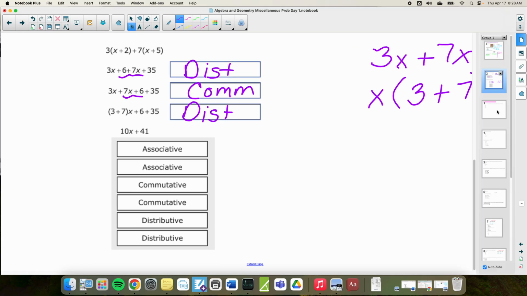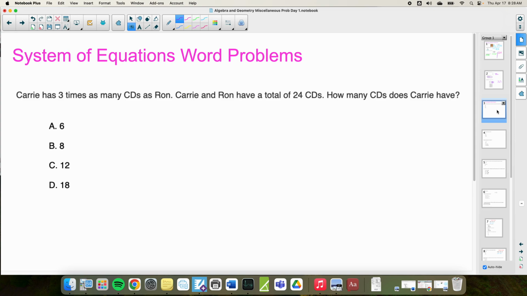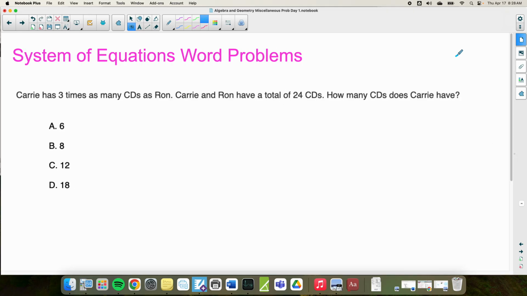All right, now let's go here. And this one is a word problem where you're going to write 2 equations, and then we're going to decide, are we going to use substitution or elimination? So first of all, it says Carrie has 3 times as many CDs as Ron.